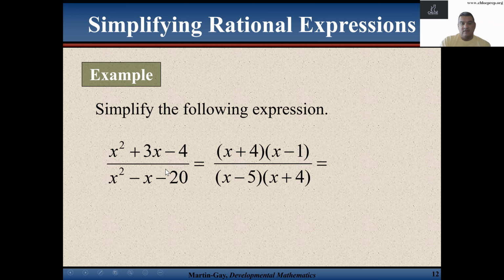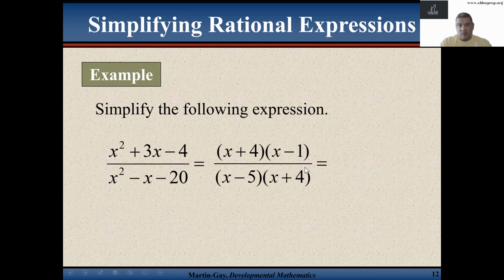So same thing down here. This is quadratic. I have a power to 2, a variable, just x, and a constant. Remember, constant is what we just call the plain number with no variable. Again, x times x is x squared.